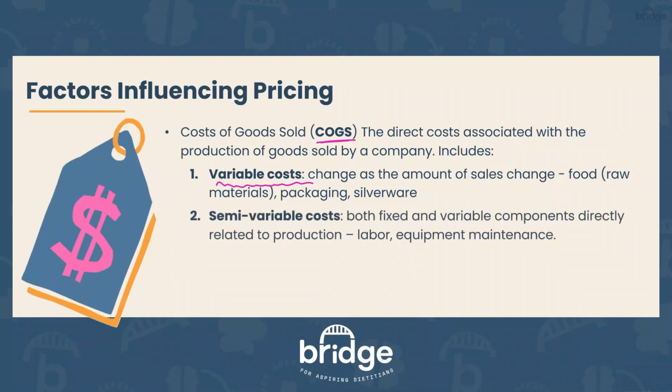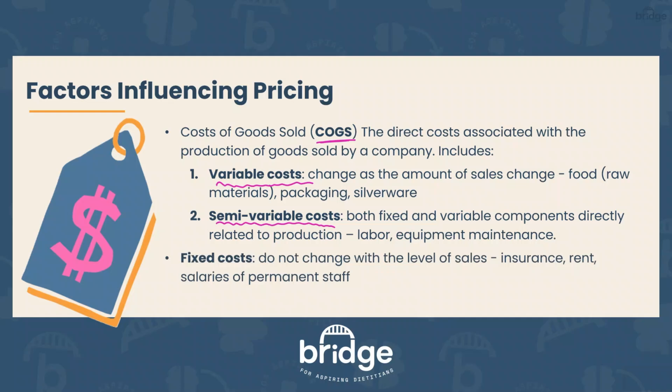But we also have semi-variable costs. These can shift with production, but not as directly. Think of your line cook's hourly wage. If you're open longer, it will cost more, but it doesn't change with every single meal. This can get complicated because some labor is considered variable cost and some labor is even considered a fixed cost.